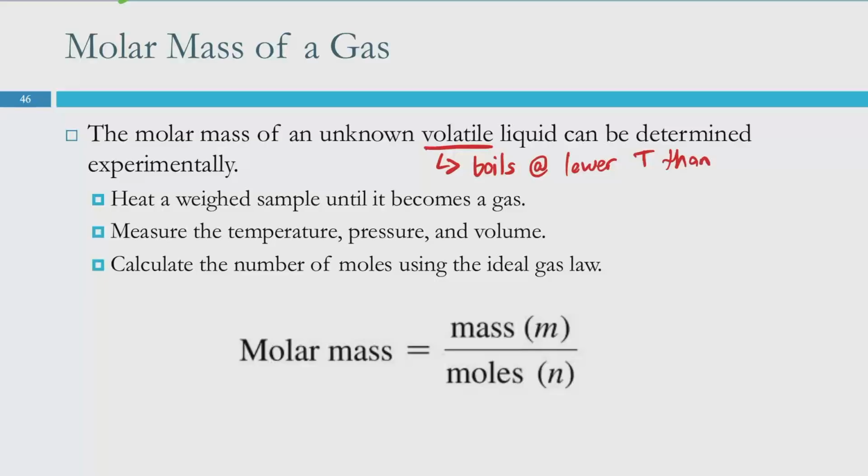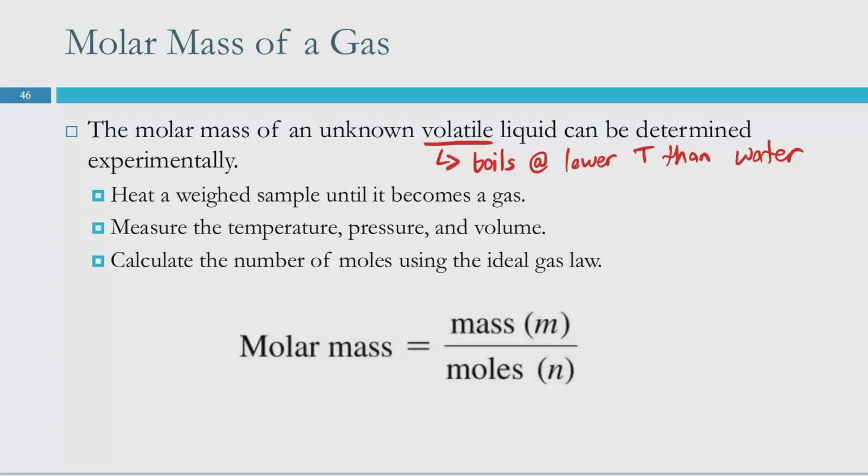Basically, things that make your hands cold when you put it on your hands, like hand sanitizer, acetone, some other liquids that you probably shouldn't have on your hands, like gasoline. That's the sort of volatile liquid that we're talking about here. We can figure out that experimentally.